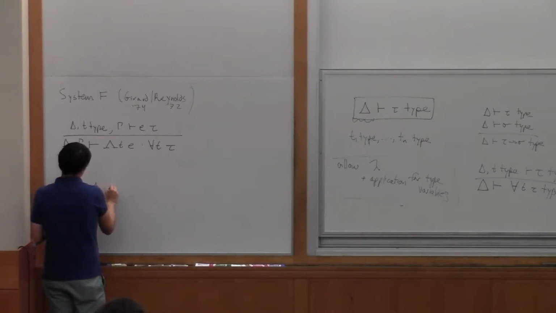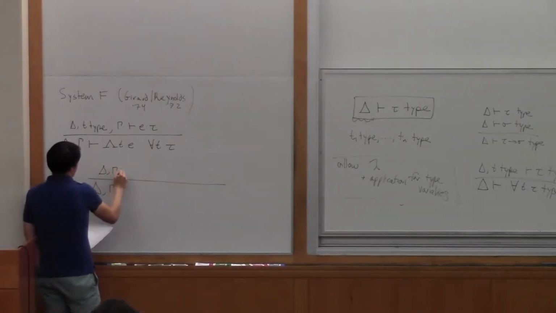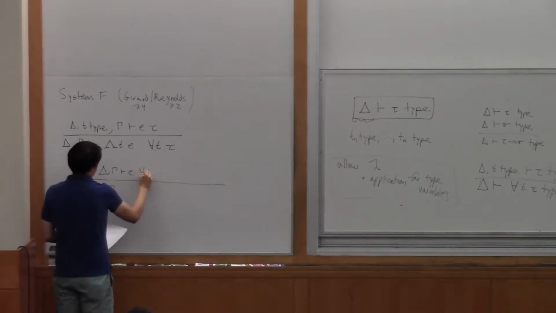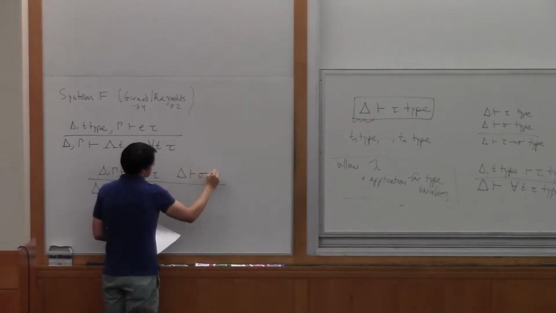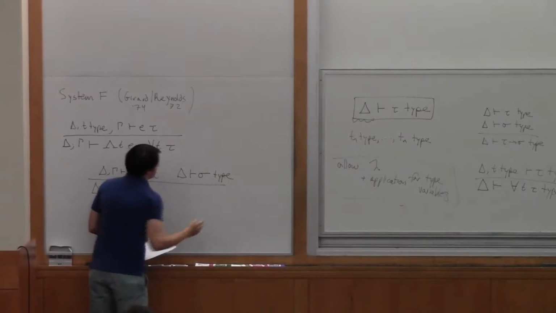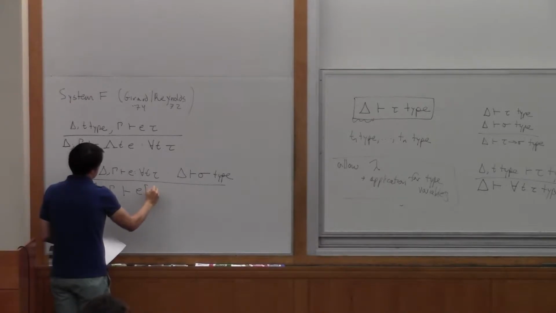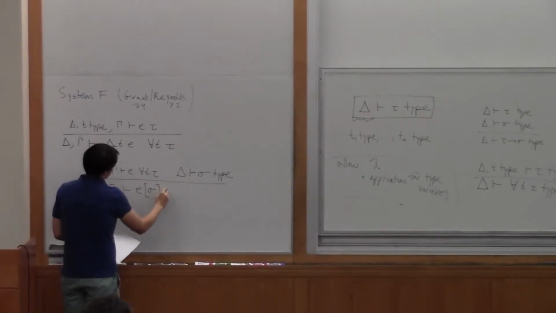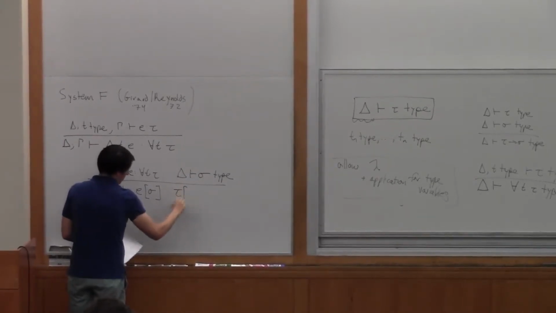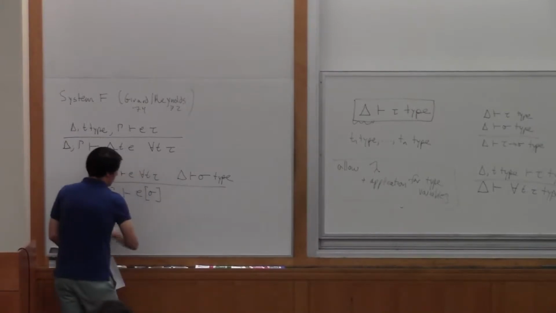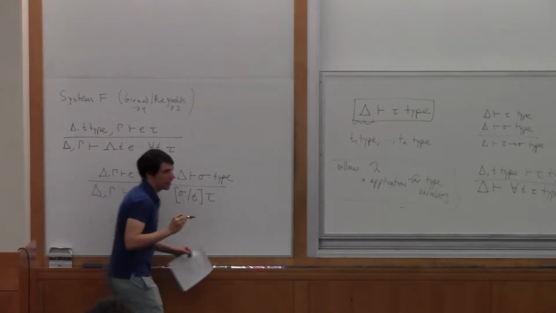And then the application will say that if we know that e has type for all t dot tau, and we come up with some specific type sigma that we would like to choose it to be, then e applied to sigma, and it's customary to write that kind of application with square brackets, has type tau with sigma plugged in for t.